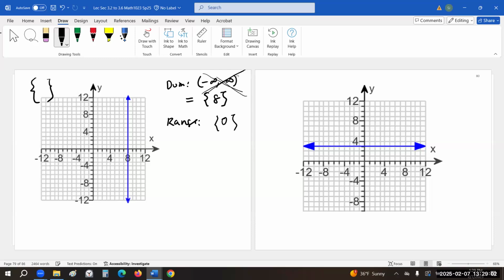Is she correct? Is our range 0? Anyone would like to answer that? She is wrong. Great. Remember, range is smallest y to largest y.